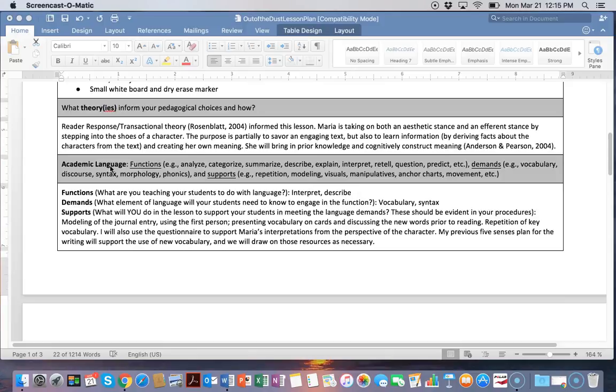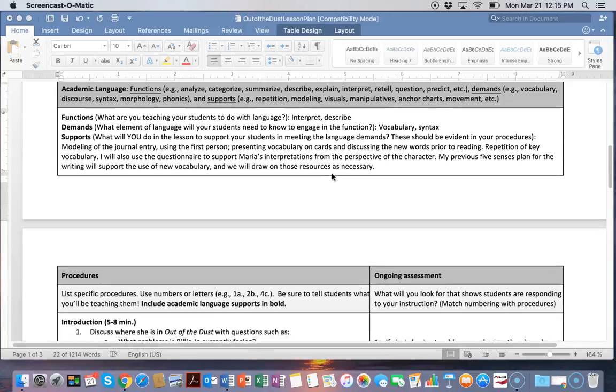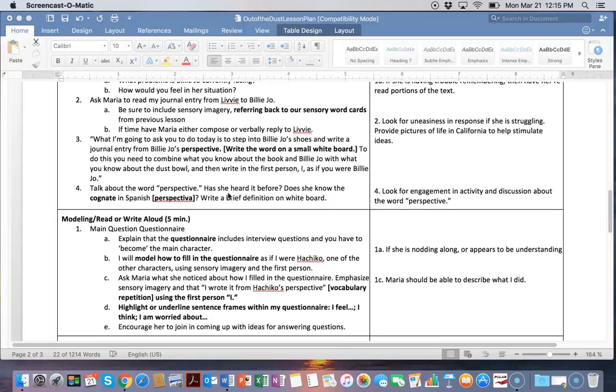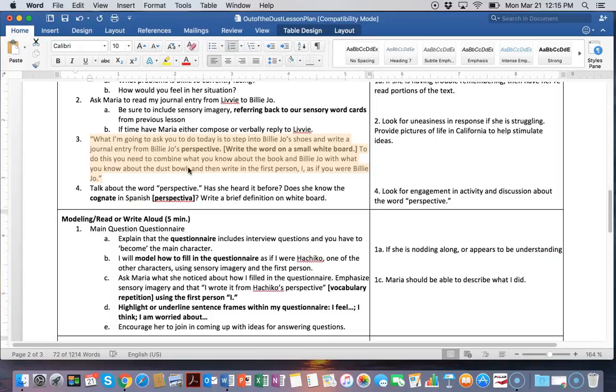We'll come back to the academic language section in a bit. Basically, in this lesson, she starts by referring to the novel and prompting her student to remember what's going on in the novel. And then she asks her student to read her own journal entry, and refers back to sensory word cards from the previous lesson as she does that. One of the things I really like about this lesson is how explicit the student is with regard to the purpose of the lesson.